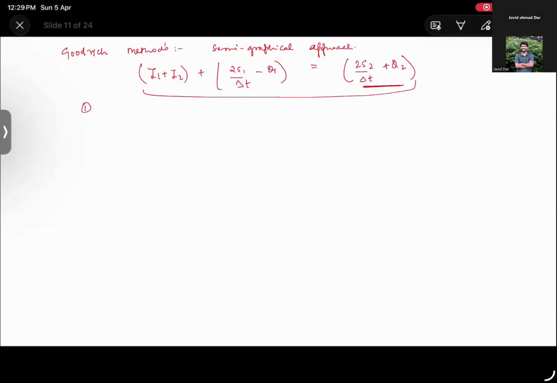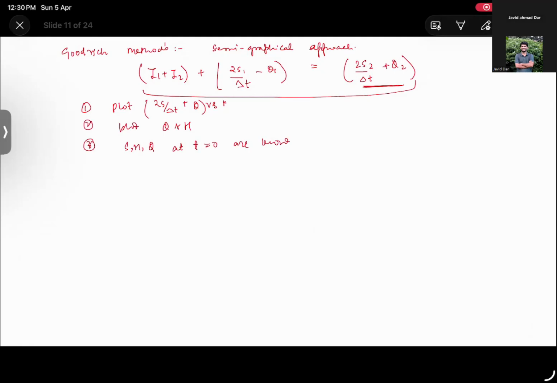So in this case, you first plot 2S divided by delta t plus Q versus H. So this is going to be the first plot. The second plot will be between Q and H. This is similar to what we have done earlier in the modified Puls method. And the third thing is that S, H, Q at time t equal to 0 are known.